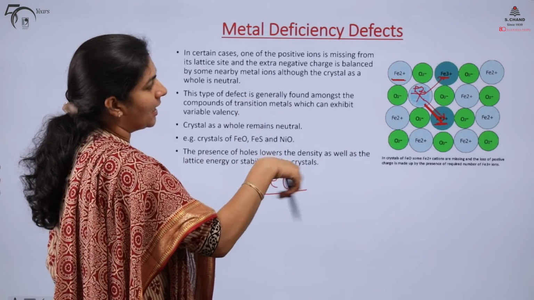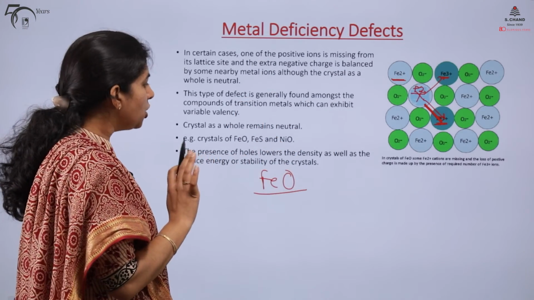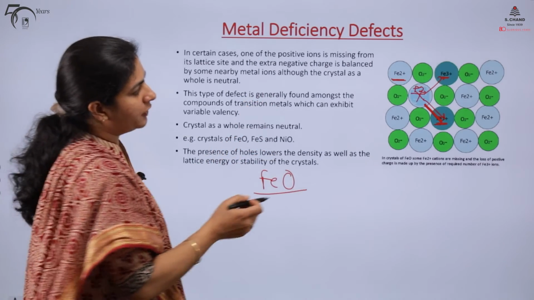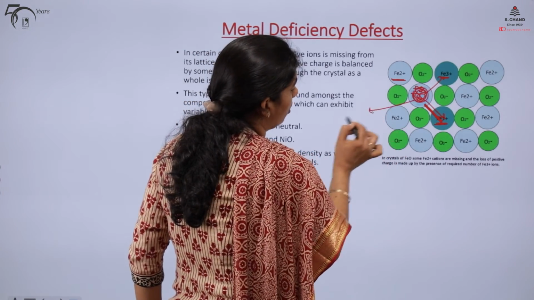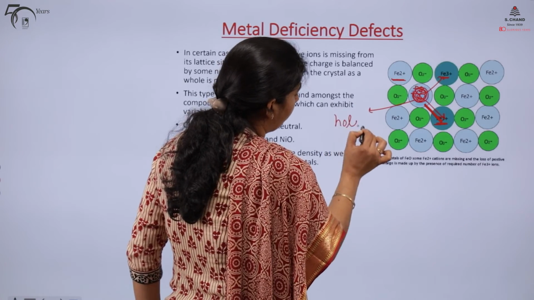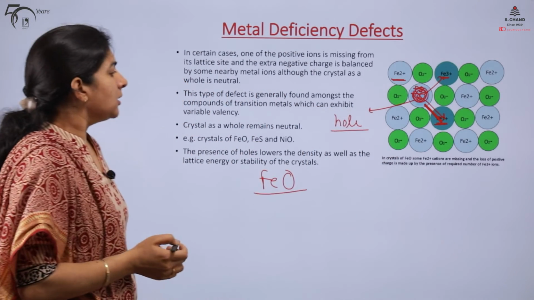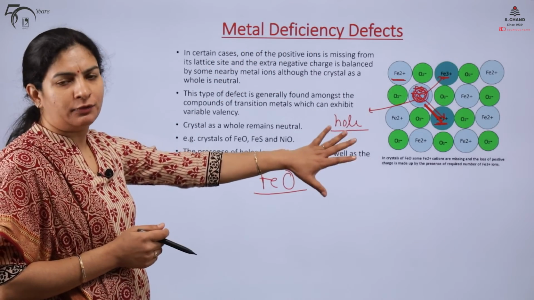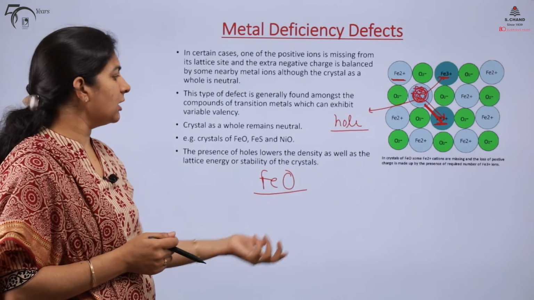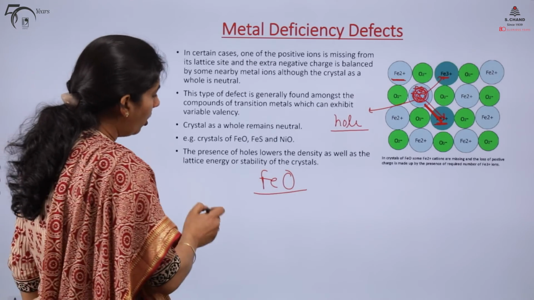But the crystal as a whole remains neutral. The vacancy which has been created here is called a hole. This hole lowers the overall density of the crystal.